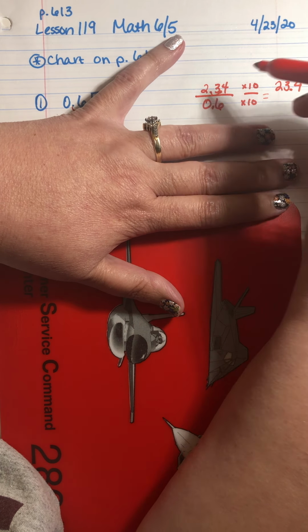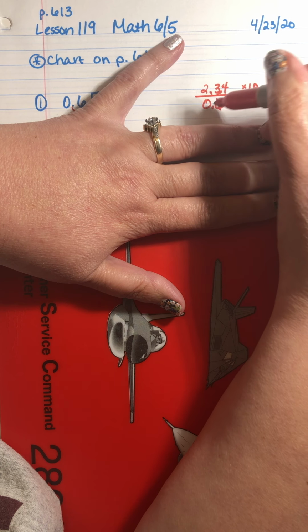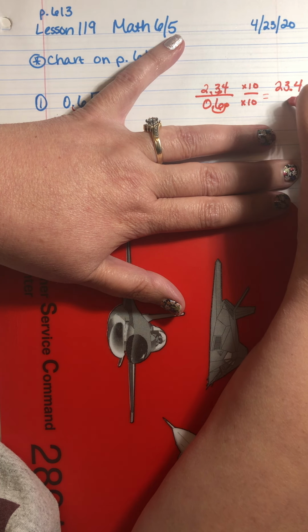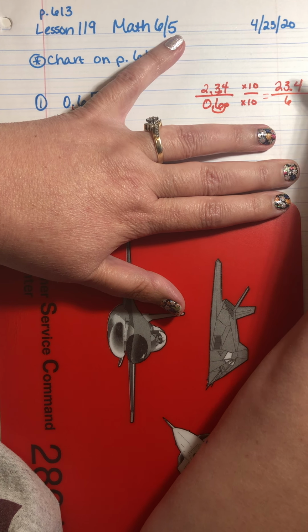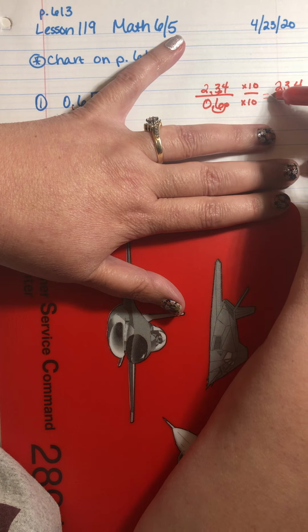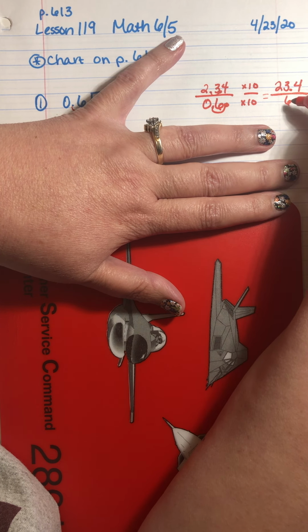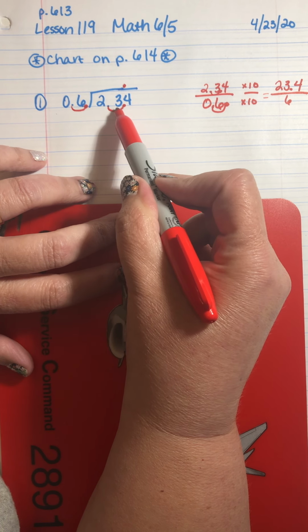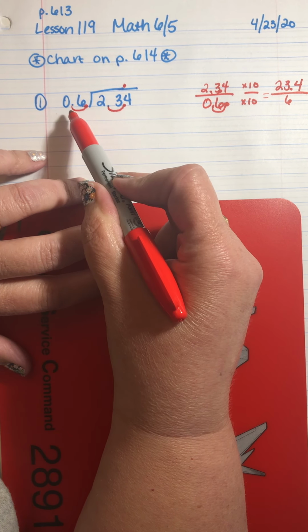Our bottom, if we multiplied 6/10 times 10, we'd move it one place because there's 1 zero in 10, and it would become 6. So our numbers would be 23 4/10 divided by 6, because remember the fraction bar also means divided by. That's what we have here now.